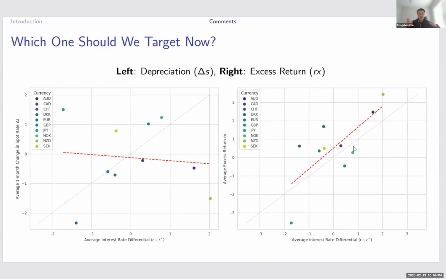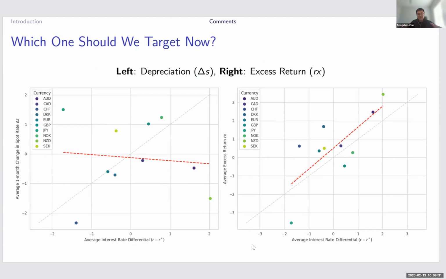If you look at the cross section, on the left-hand side, we have depreciation on the y-axis. On the right-hand side, we have excess return. In the cross-section, you can also see that most of these higher risk premiums are coming from the interest rate differentials. We have this 45-degree line here, in gray.